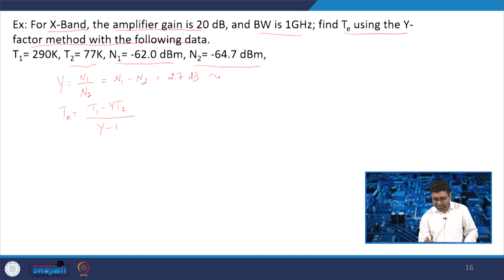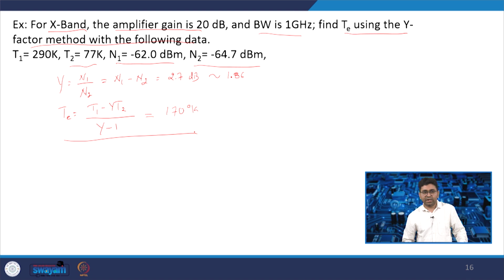This 2.7 dB you need to convert into absolute terms, which will come to around 1.86. You use 290 for T1 and 77 Kelvin for T2, and you will get an equivalent temperature of around 170 Kelvin. This is how you can find the equivalent temperature of any device under test by using the Y factor method.